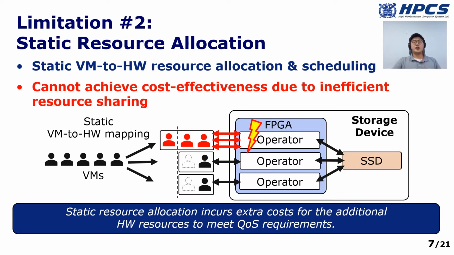In this figure, the first operator will be the performance bottleneck and result in many quality of service, or QoS, violations. To resolve this issue with a static allocation, the system administrator should spend extra cost for additional hardware resources to meet the target QoS requirement.